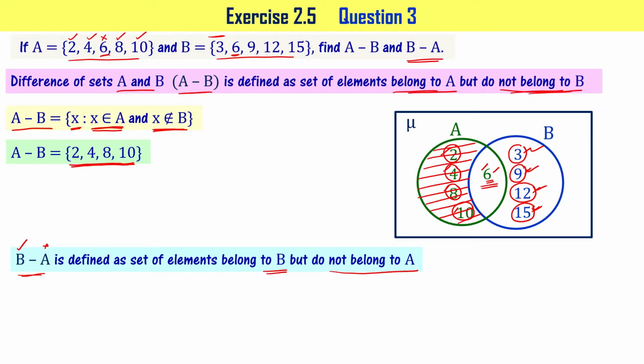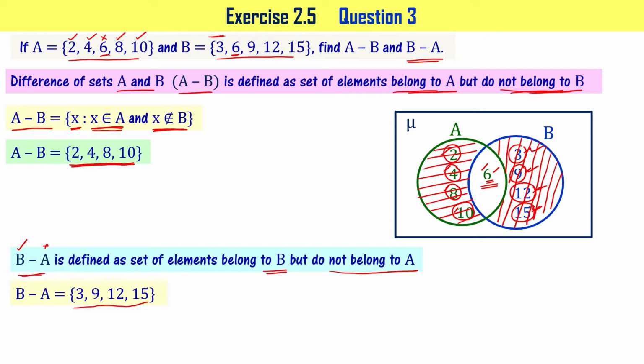If you have to mark the region of B minus A, that is going to be this particular part. You see, you have to include B which is exclusive of A. That is your B minus A. Now let me write B minus A. That is the set containing elements 3, 9, 12 and 15.